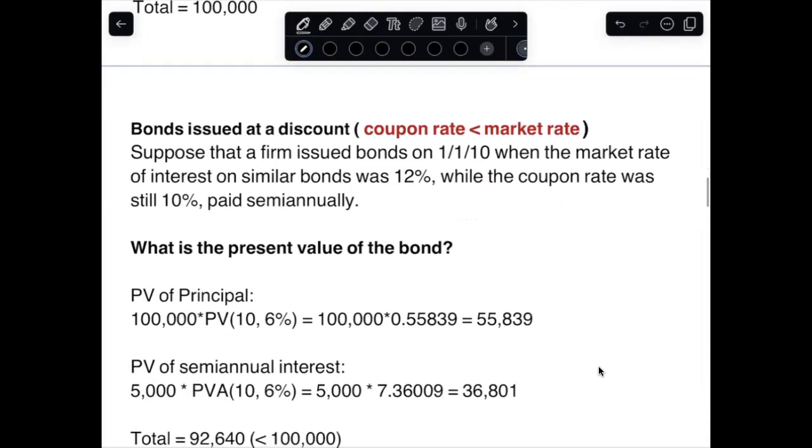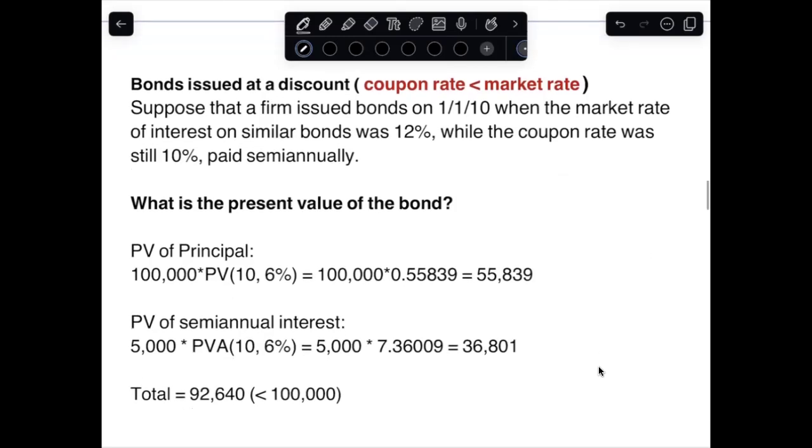Let's look at another scenario. The bond issued at a discount. Why would the bond issue at a discount? That's because the coupon rate is less than the market rate. Let's say the company gives you a rate of 4%, but the market gives you 5%.